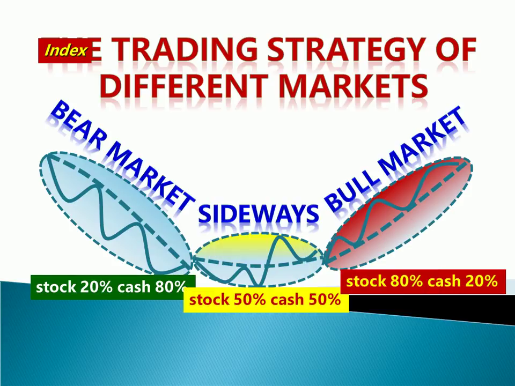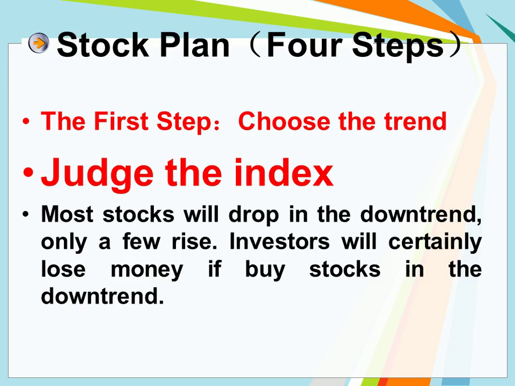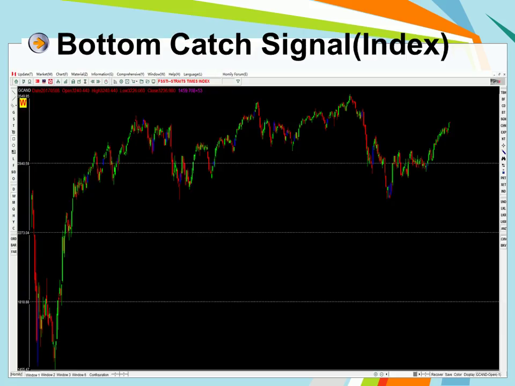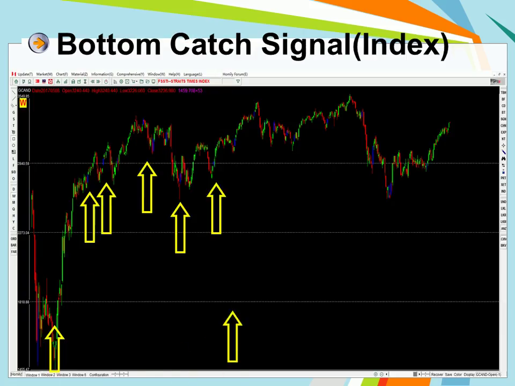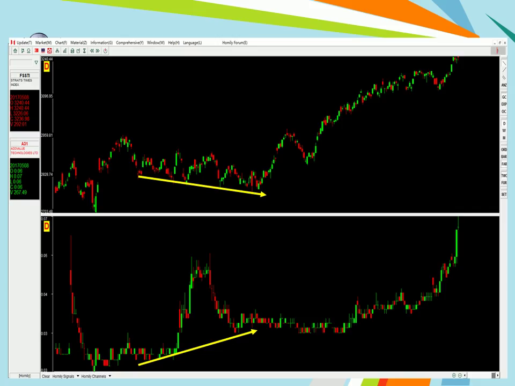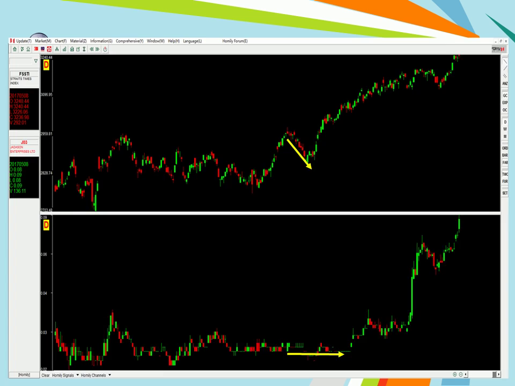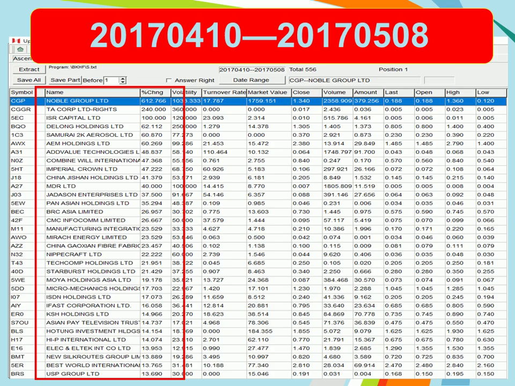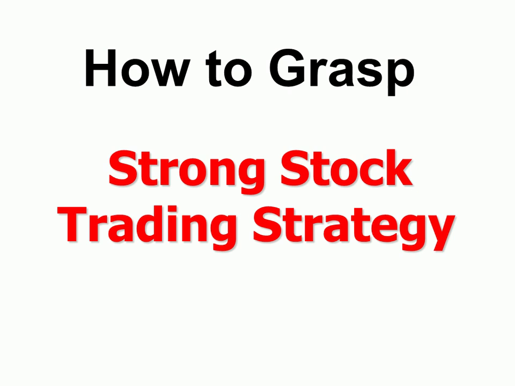For the bear market, sideways or bull market, what's the different trading strategy? So firstly, for the stock plan, the first step, choose the trend, then judge the index. The second step is the filter. How to filter stocks, how to judge if your stock is strong or not. Just use this function, okay? Chart comparison to judge.